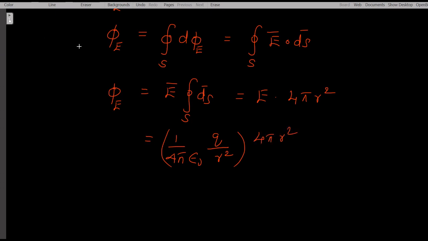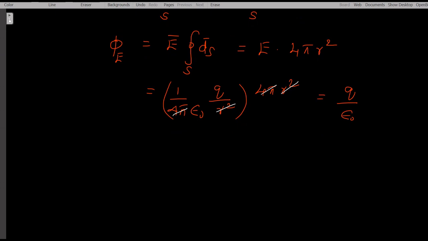Now you just see this r square is cancelling with this r square, and 4 pi gets cancelled with this 4 pi. So what we get is equal to Q by epsilon naught, which is Gauss's law.